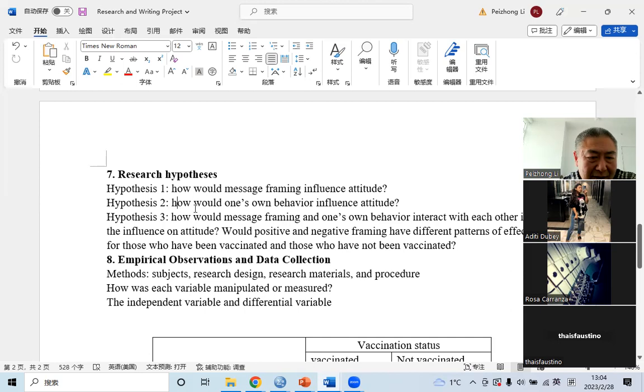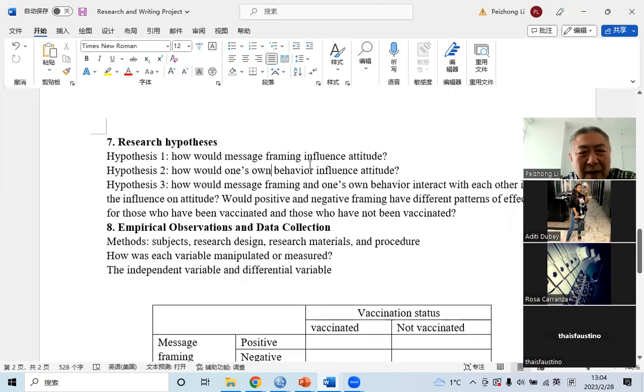The second hypothesis: would one's behavior matter? This is an easy prediction. According to self-observation theory, those students who have already received the vaccination will have a stronger commitment, stronger importance, and lower difficulty in their attitude.